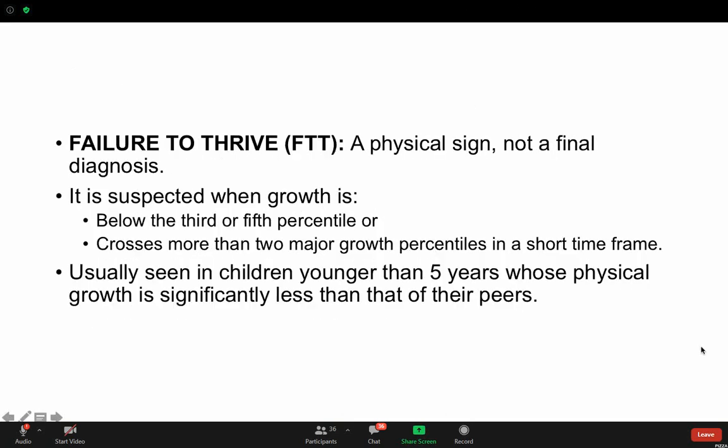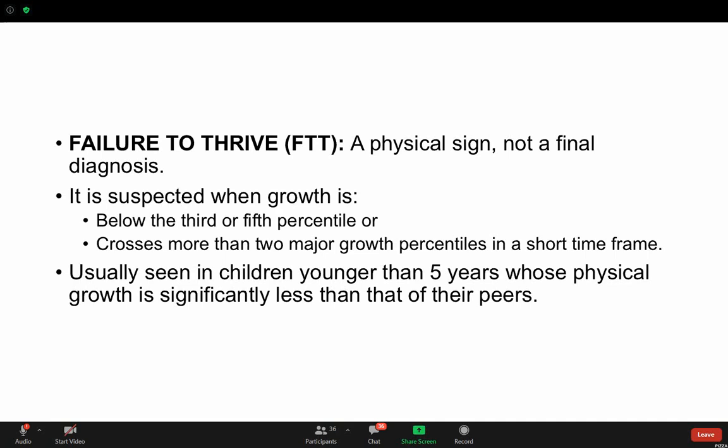فلما نقول failure to thrive, it's a physical sign, not a final diagnosis. احنا بس نوصف الحالة. What we mean by failure to thrive, that's the weight is below the 3rd or the 5th percentile, okay?